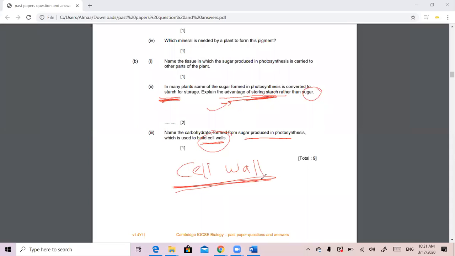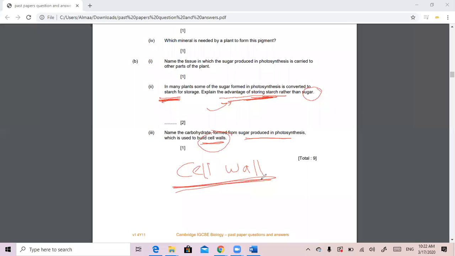Where is the other student? Just Mustafa Khalid, Hashim Sultan. What is the carbohydrate in the cell wall? Cellulose. It's called cellulose.